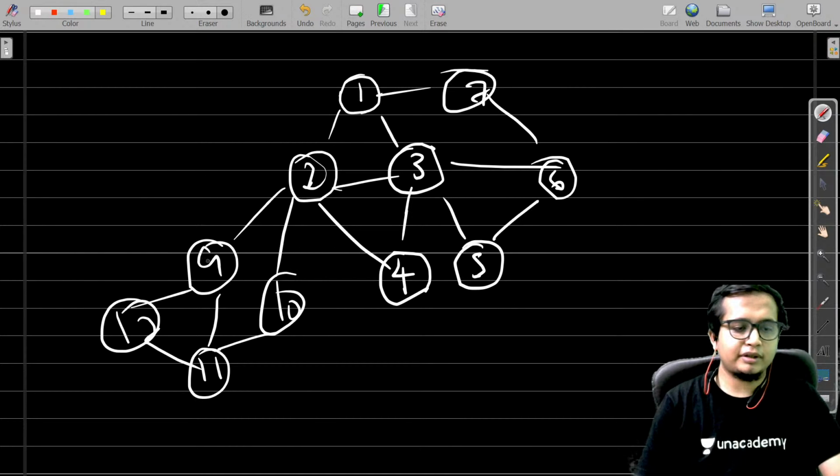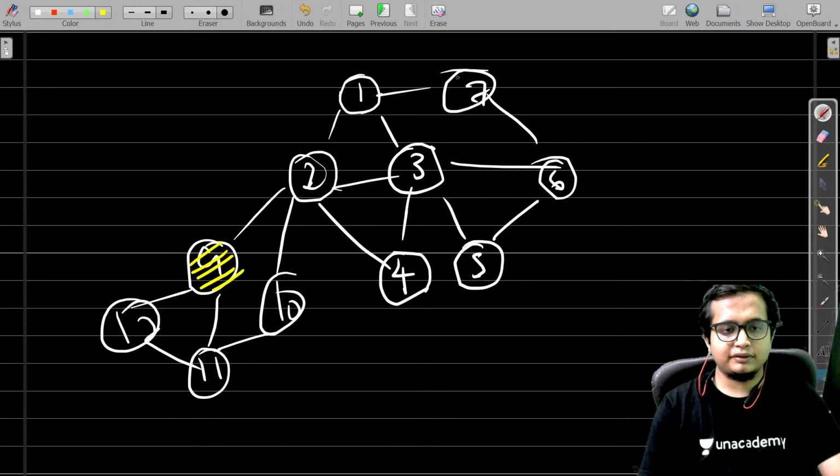Suppose 9 is a place where you get pizza, and let us say 7 is also a place where you get pizza, and let us say 4 is also a place where you get pizza.